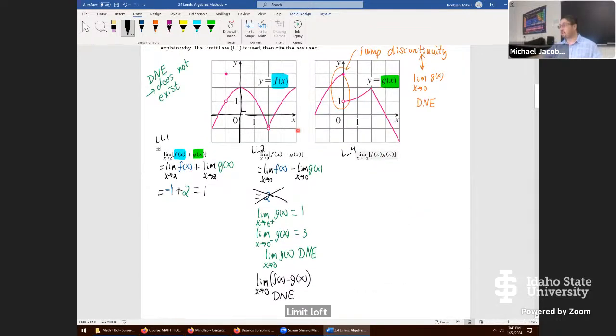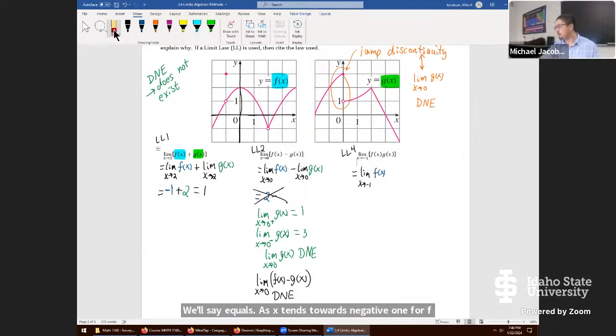Still as before, we have 2 functions, f of x and g of x, so I'll use the same color coding. We'll say it equals the limit as x tends towards -1 for f of x. We put in just a little bit of space. I personally use parentheses for this kind of product. I think it is a little bit more readable, but it's really up to you as a stylistic choice.